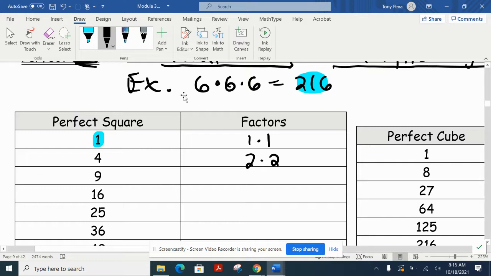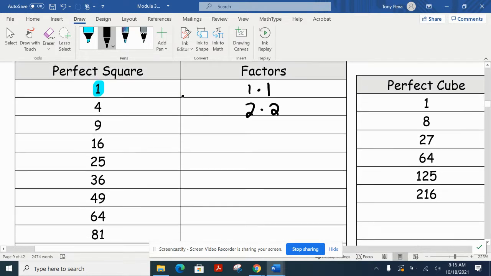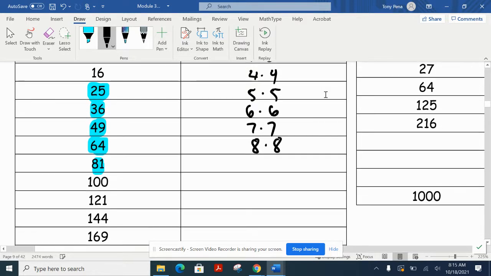And then 4 is obviously then going to be a 2 times a 2. And then as we move our way down, these are all, for the most part, I would think through 100, we're pretty good with. So even if you don't fill all of these in, we should know these as perfect squares. This is a perfect square of 5. 36 is a perfect square of 6, 7, 8, 9, on and on. All right. So those are our perfect squares. So when I start simplifying these here in a moment, these are the ones that we're talking about.